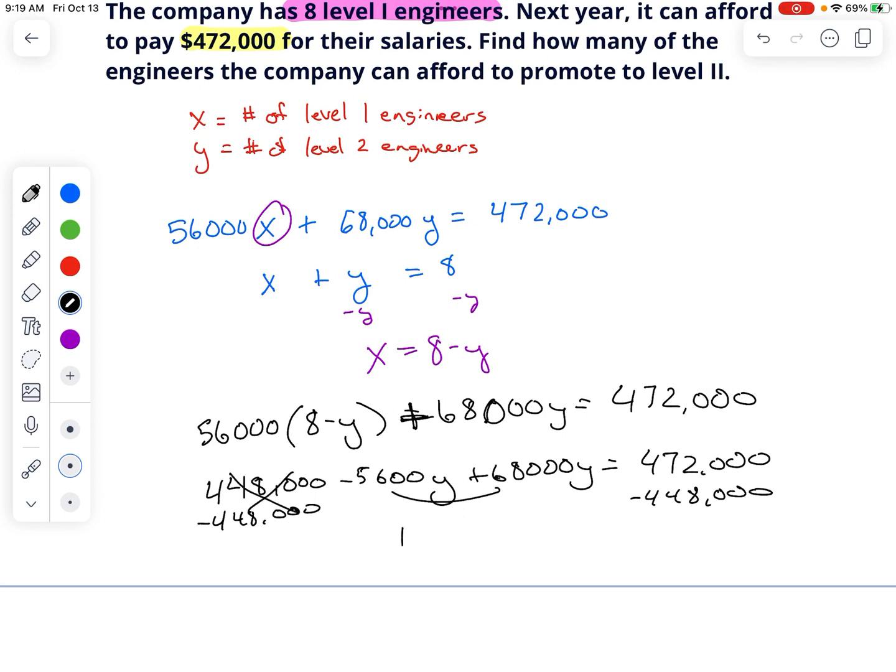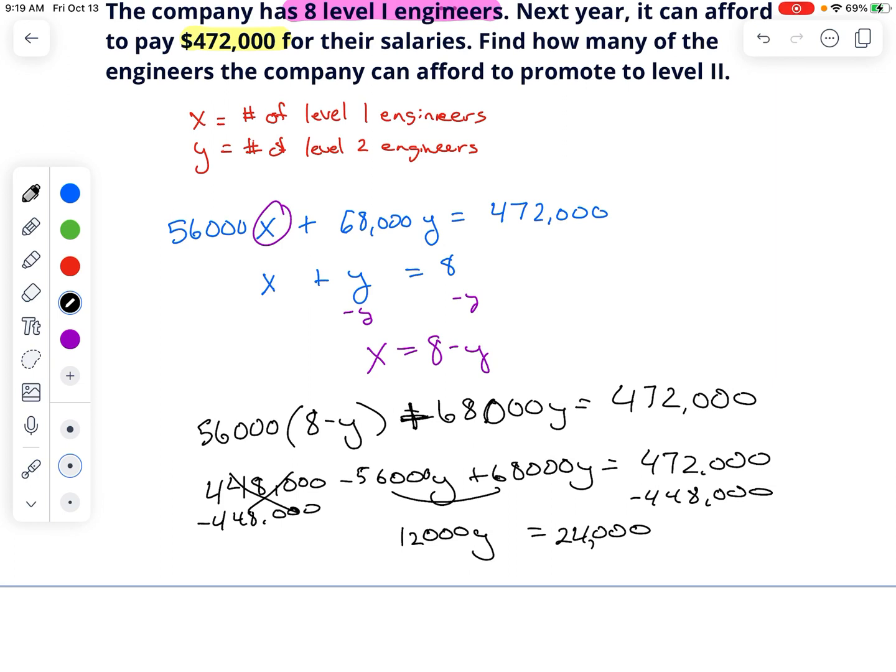And then I'm going to combine these two together too. So I get 24,000 over here.